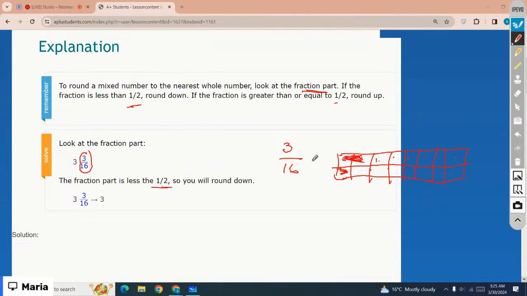So you can see that is less than half. So 3 by 16 is less than half, right? That means you need to round down. Round down means you need to round to the same whole number. So the correct option is 3, right?